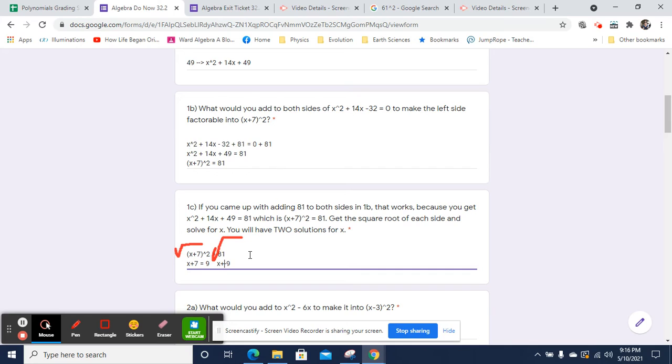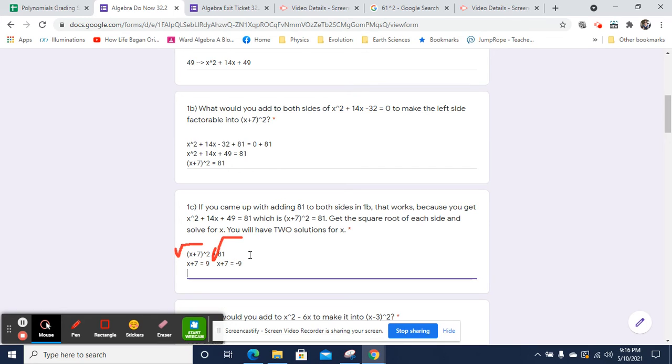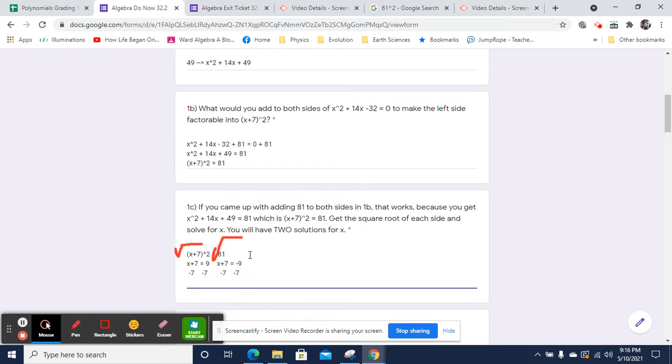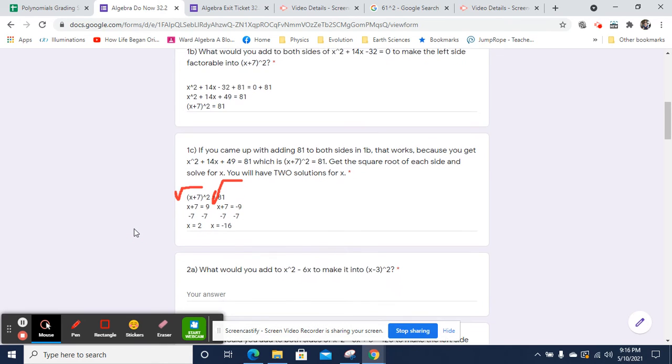So x plus 7 equals negative 9 or positive 9. We'll subtract 7 from both sides, and now we get x equals 2 and x equals negative 16. Those are the solutions for that quadratic.